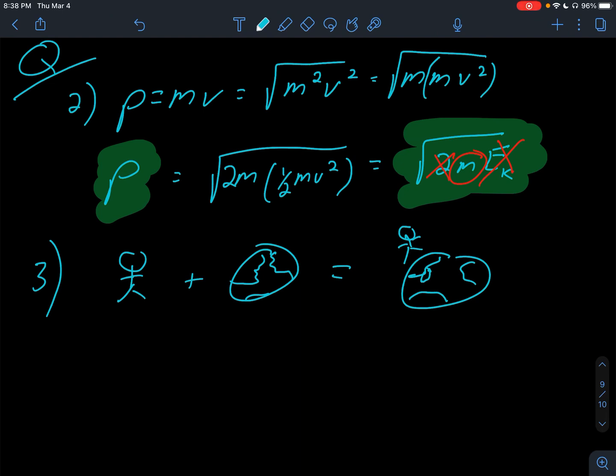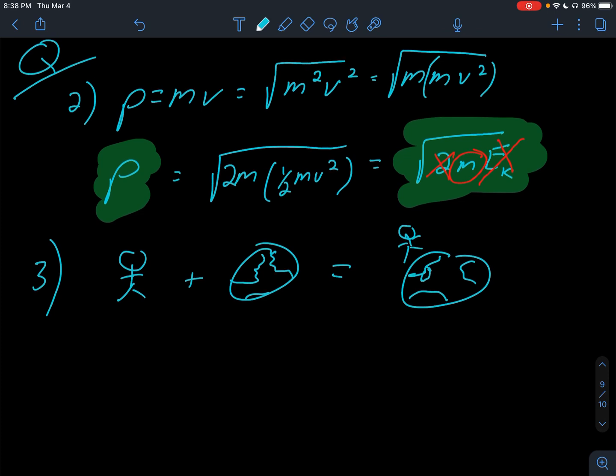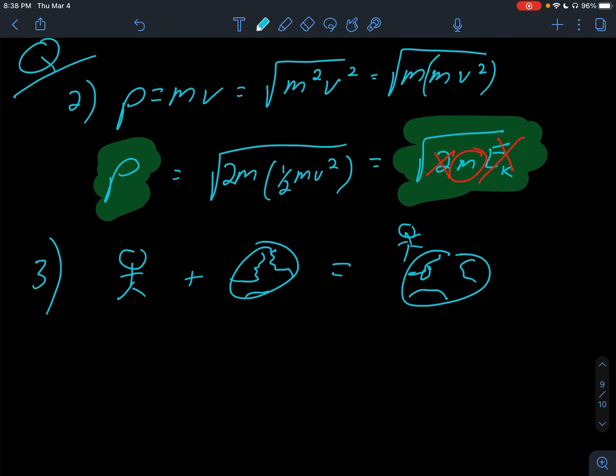So it makes it a little bit more confusing because we don't necessarily see one of our objects moving, the objects that we've defined in our system. But we can look at it as maybe a little bit of mass from you. You have a big velocity. The Earth is at rest, no momentum.